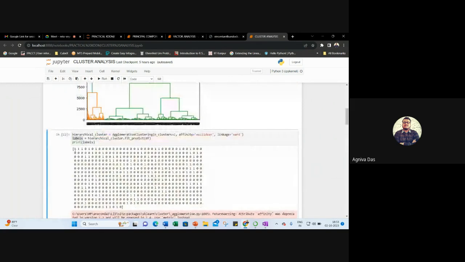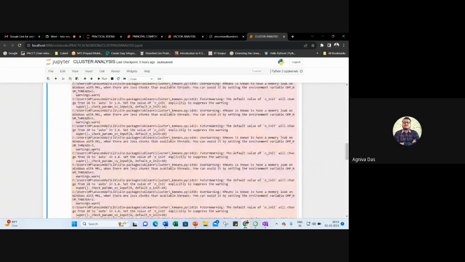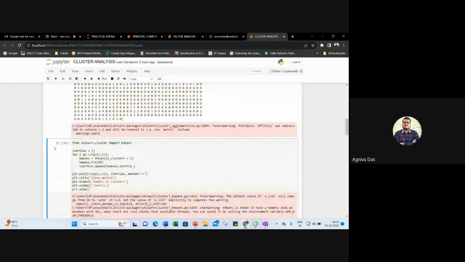This means the first observation should go to cluster 1, second observation cluster 1, third observation cluster 1, fourth observation cluster 0, fifth observation cluster 1, sixth observation cluster 0. In this way, whichever is 1, that observation will go to 1, and the other observations will go to 0, and so on and so forth. Okay. Now this was for hierarchical clustering.